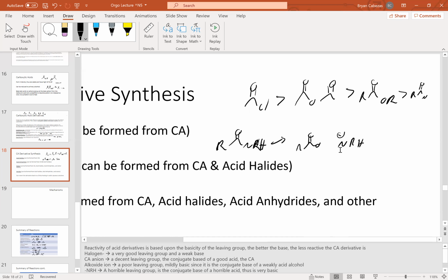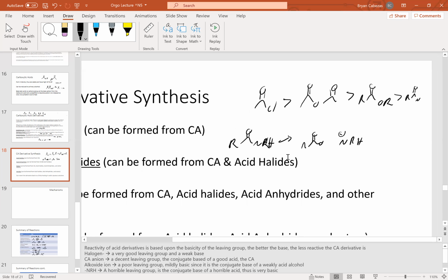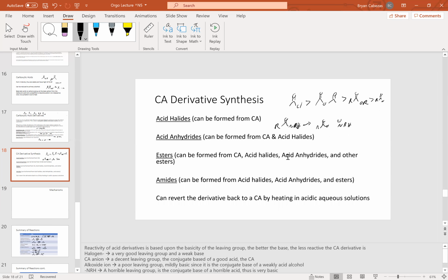It's a really strong base. Remember, nitrogens are just strong bases in general. And for that reason, it's the least reactive, right? Because when it pops off, it's going to go straight back to that carbonyl group and form that amide again, right? It's not stable in a solution. That's why it's the least reactive.